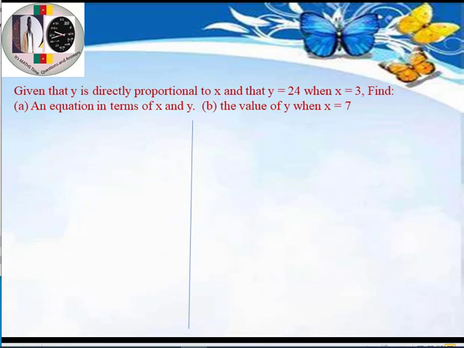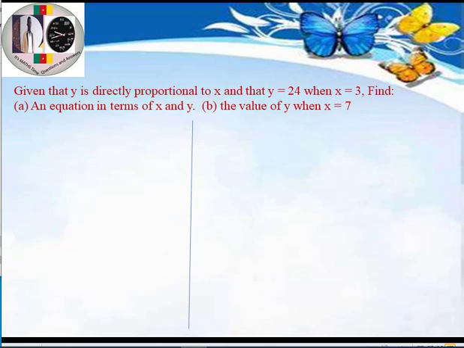Okay guys, there are two types of proportionality. There can be direct proportionality or indirect proportionality. For direct proportionality, a quantity y changes in the same direction as the quantity x. What do I mean? If the quantity y increases, the quantity x will also increase, or if the quantity y decreases, the quantity x must also decrease.